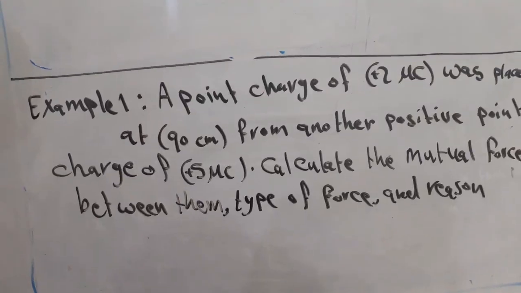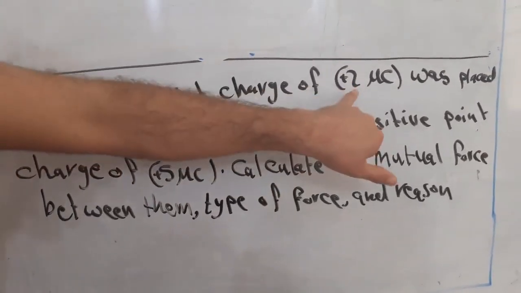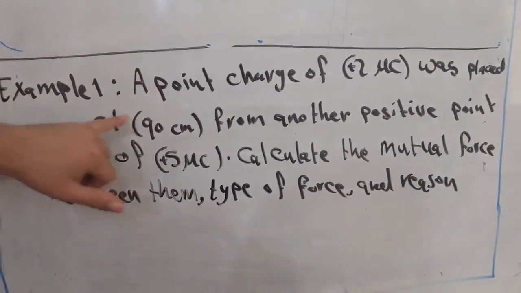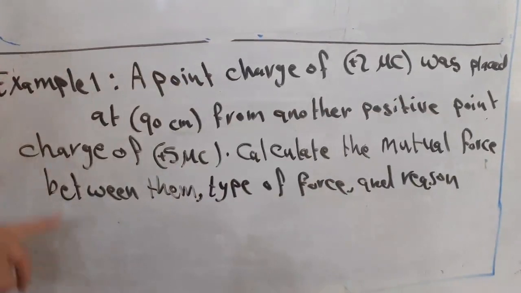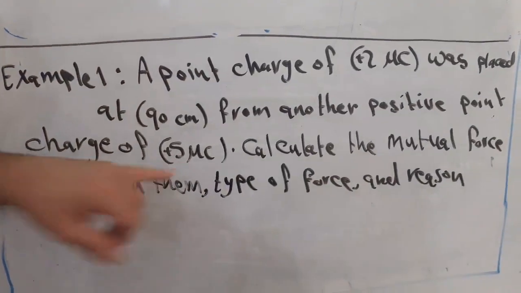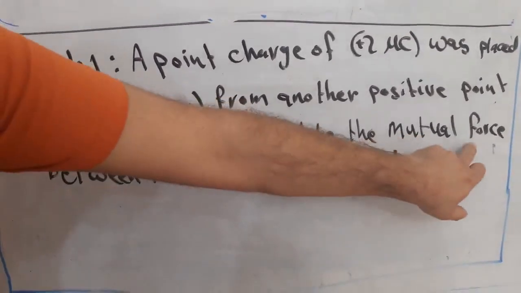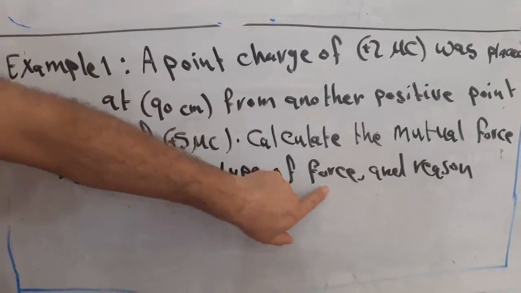Example 1 in your book: a point charge of 2 microcoulomb was placed at 90 centimeter from another positive point charge of 5 microcoulomb. Calculate the mutual force between them, the type of the force, and the reason.